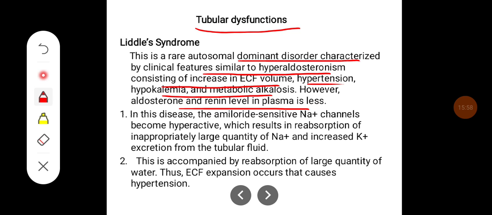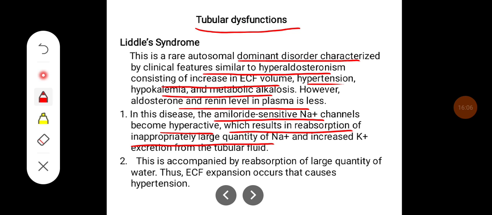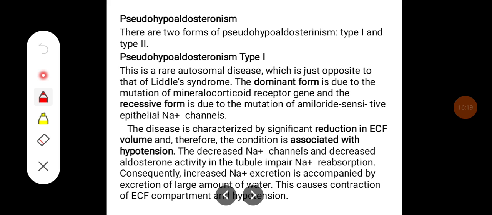In this disease, the amiloride-sensitive sodium channels become hyperactive, which results in absorption of inappropriately large quantities of sodium and increased potassium excretion from the tubular fluid. This is accompanied by reabsorption of large quantity of water. Thus, ECF expansion occurs that causes hypertension.